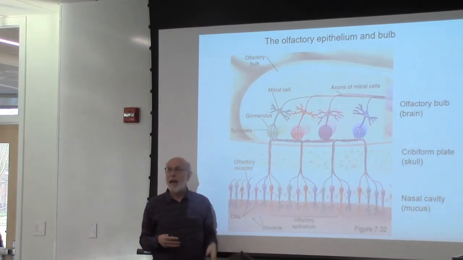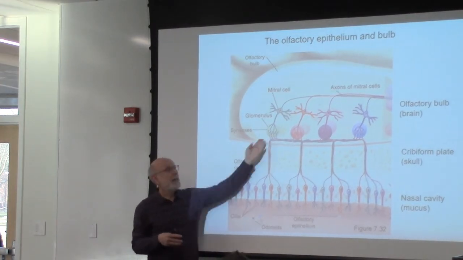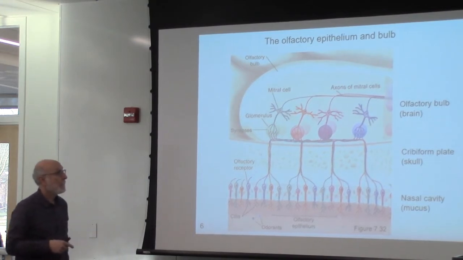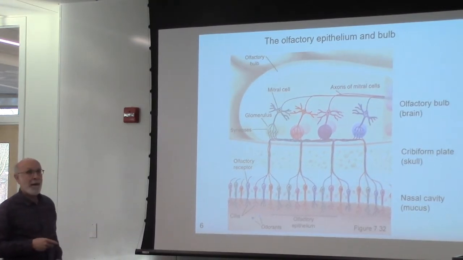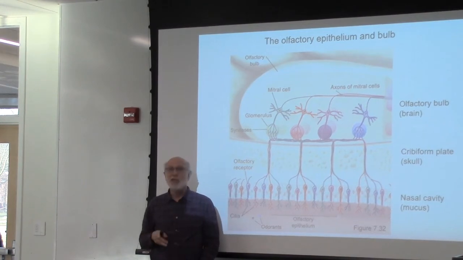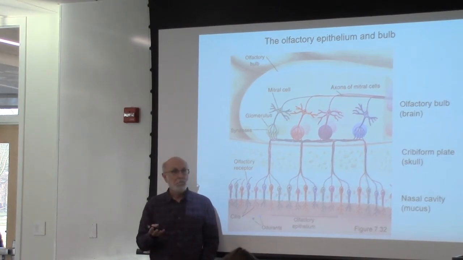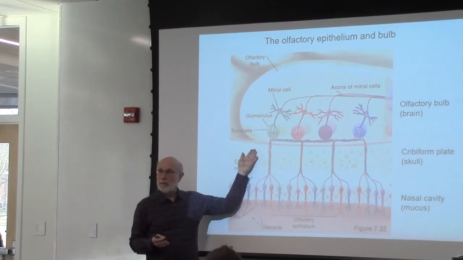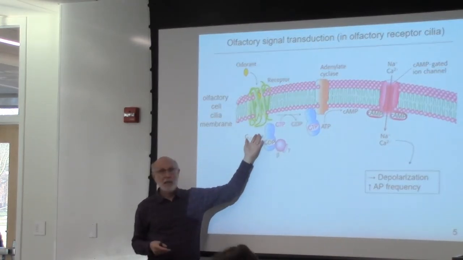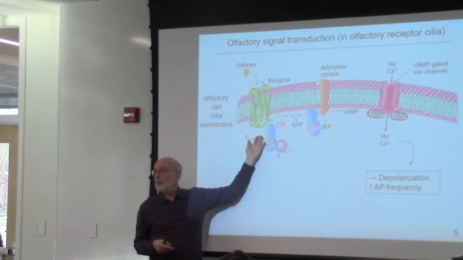So the first synapse of the olfactory pathway is in the olfactory bulb. So at this level, olfaction is really simple. Some anatomy, some physiology, most of which you already know.